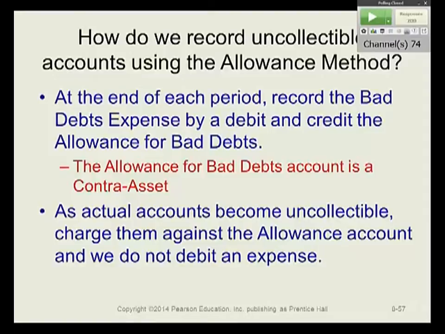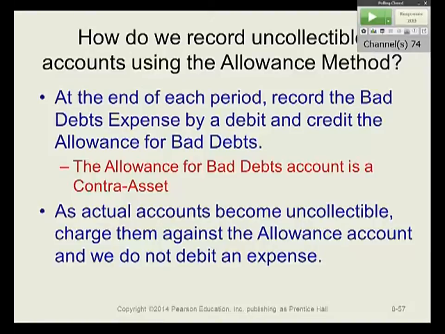So we now have another adjusting entry in the package of adjusting entries that we've been looking at. So we make an adjusting entry that's going to debit the bad debt expense for whatever amount that's going to be.